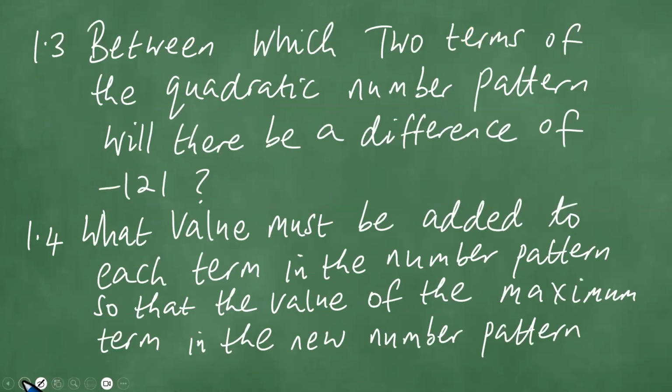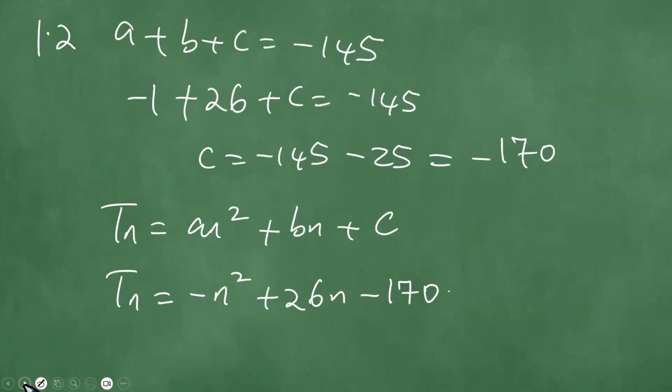Okay. Next question. Between which two terms of the quadratic number pattern will there be a difference of minus 121? Obviously now we're looking at the first differences there. These first differences yield a minus 121. So that would be 1.3.